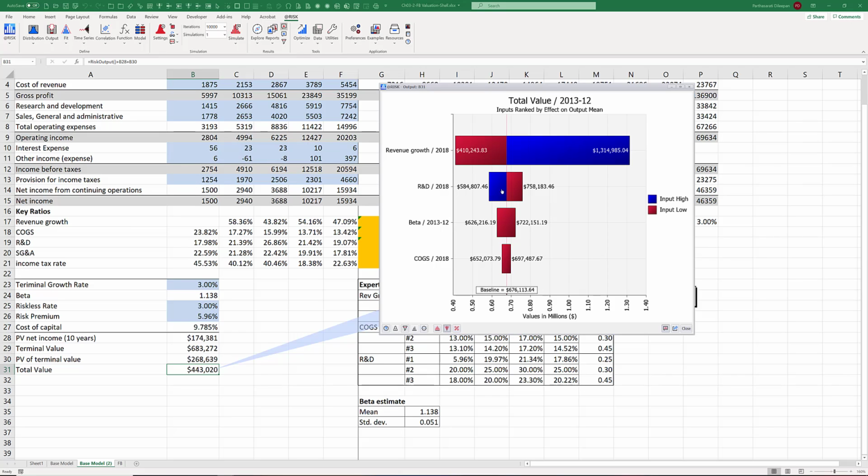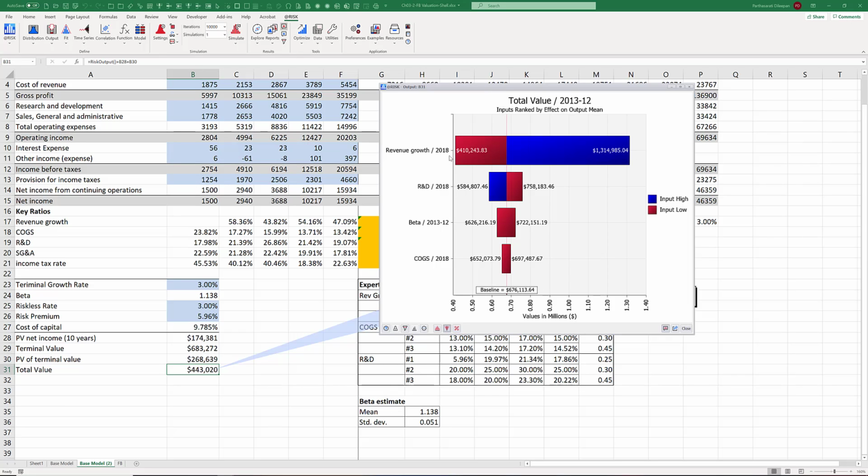So this is the baseline, and low revenue growth can lead to as low as 410,000 million in total valuation, or it can be as high as 1,314,000 million if the growth rate is high.